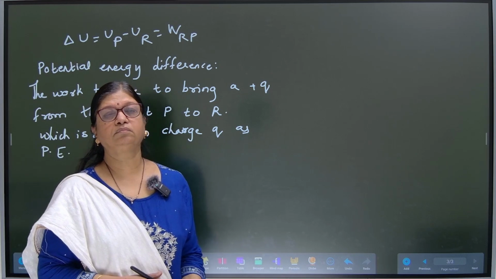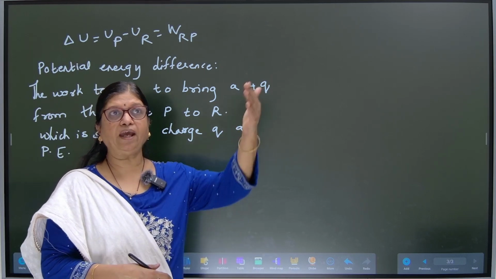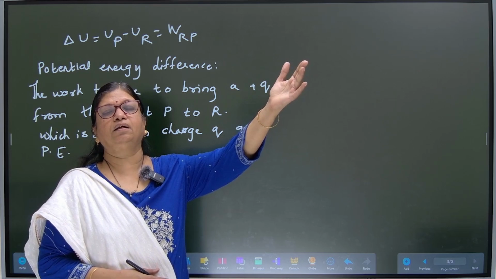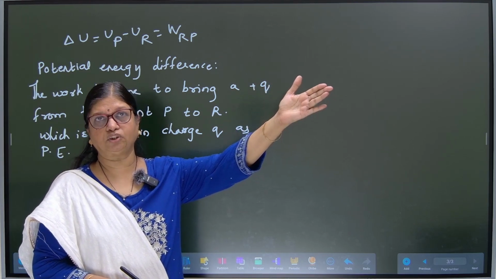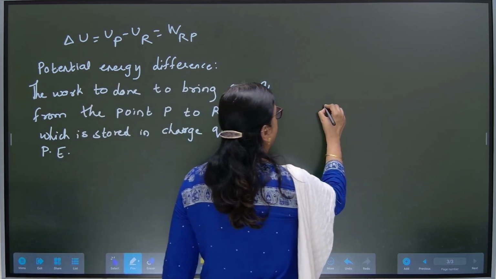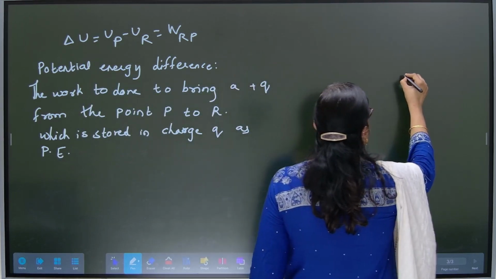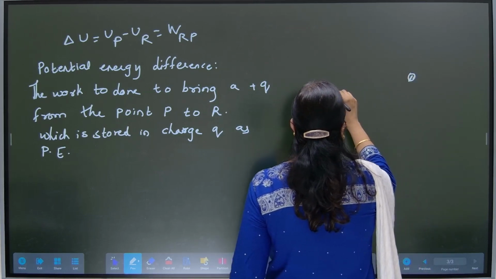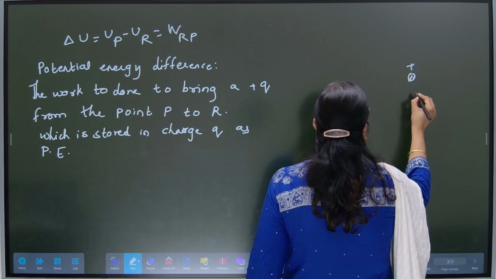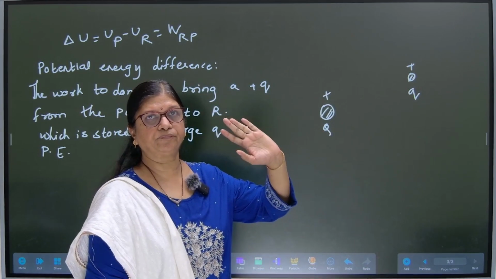Now, let us decide from where exactly we can possibly bring the charge towards the source charge. Again, I roughly draw the source charge and the small charge. Both are positive. This is capital Q and this is small q.